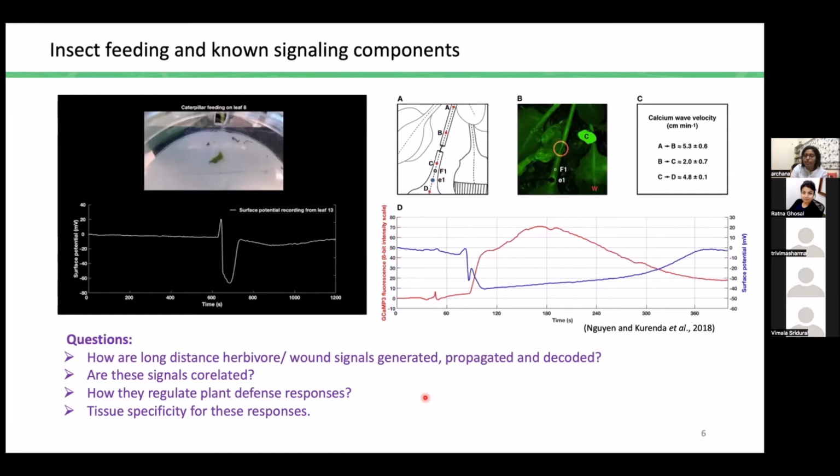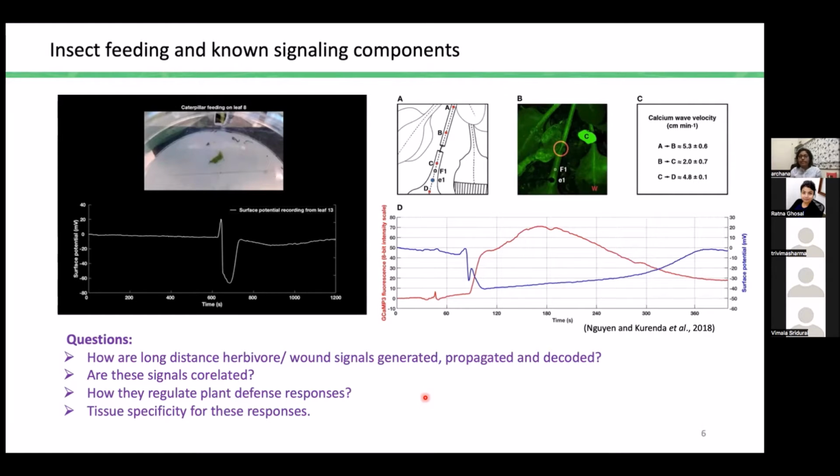So leading to this observation, right now we have several questions: how these signals are generated, propagated, or decoded, and whether these signals are correlated. Right now we cannot say that the calcium and electrical signals are completely correlated, and after wounding, how they lead to the plant defense responses.